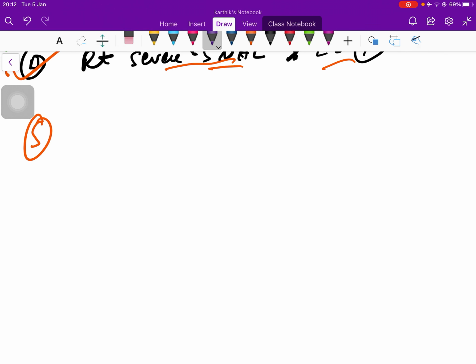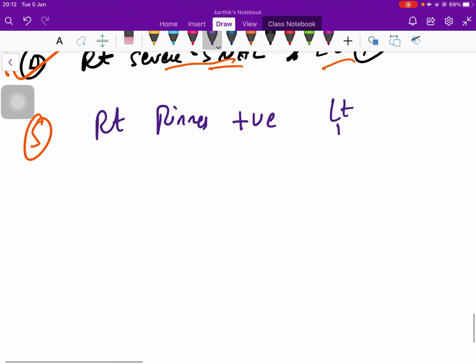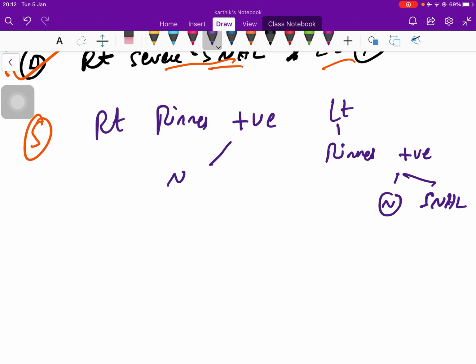Now fifth one, the last one. Now they just gave the patient tuning fork test results. On the right side, Rinne's is positive. Left also Rinne's was positive. If it is positive, it means normal or sensory neural hearing loss.